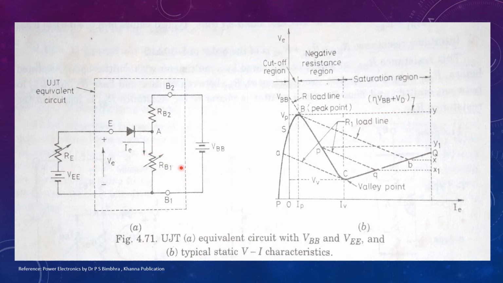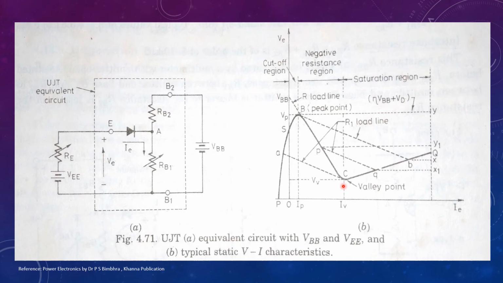When RB1 has dropped to a very small value, as indicated by point C, the UJT has reached the on state. At point C, the base region has completely saturated and RB1 cannot decrease any further. Point C is called the valley point. VV is the corresponding emitter potential, IV is the corresponding emitter current.